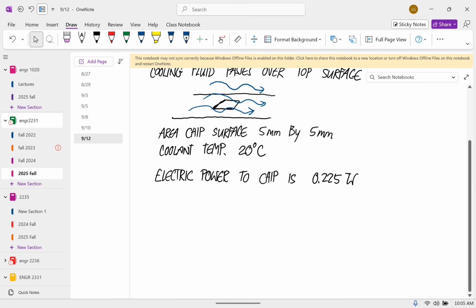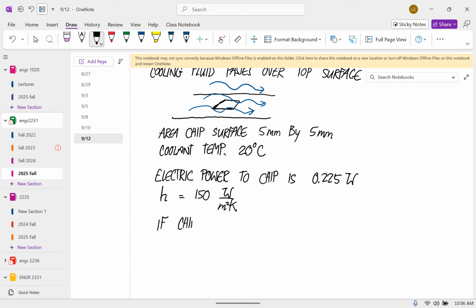It was determined experimentally that in this setup, the H constant is 150 watts per meter squared Kelvin. And if the chip is in steady state, what's the temperature of the chip surface?